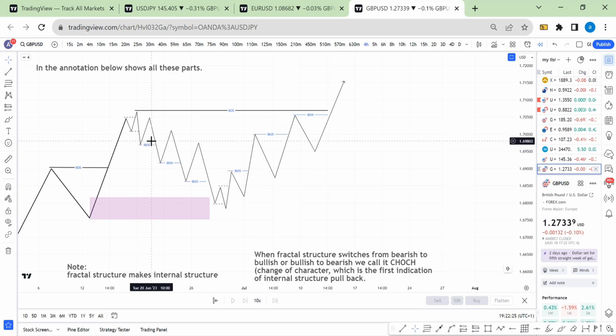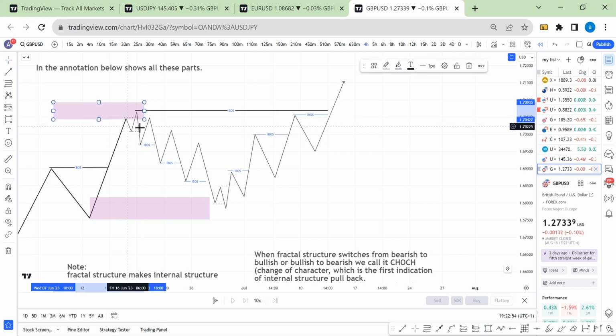Without this internal break of structure, if you are trading only from change of character, which is a very small pullback, I will show you how to identify such pullbacks. If this is just what you are trading from, you know that the probability is not high, no matter how much you are coming from a zone you expect that price should react to. Price can decide to break it.